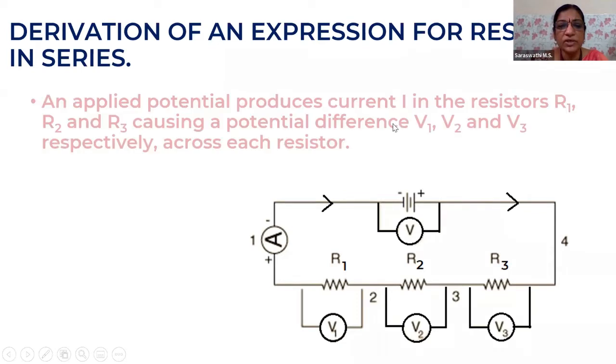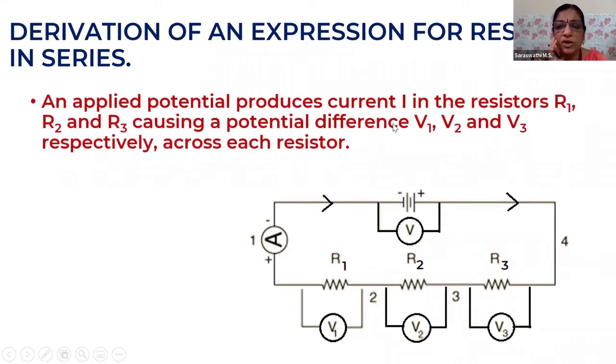So in a series combination, what is constant? Current. Current is going to be constant. The same current will flow through all the resistors irrespective of what the values are in a series circuit. Current is constant, but the potential difference will vary across each of the resistors.